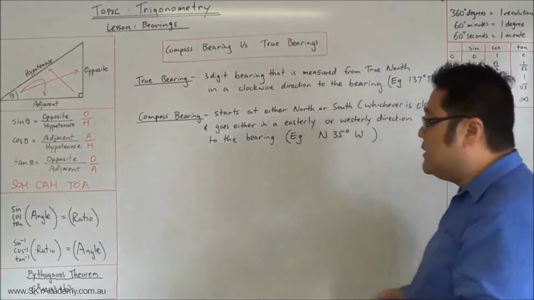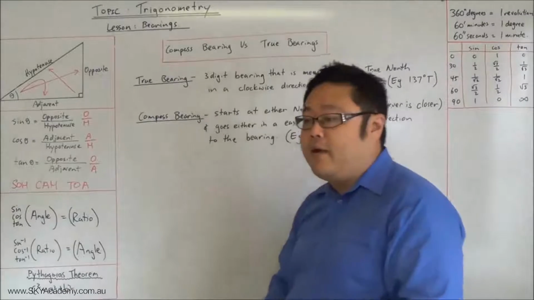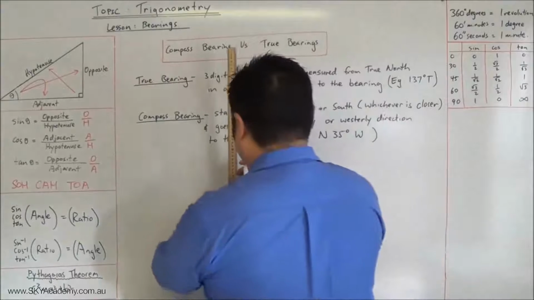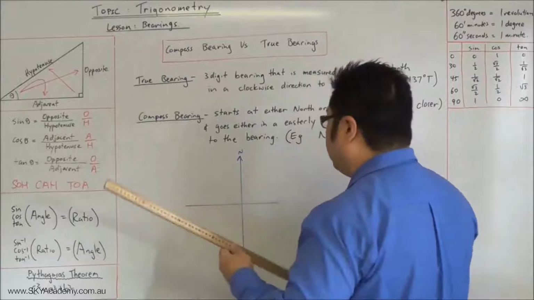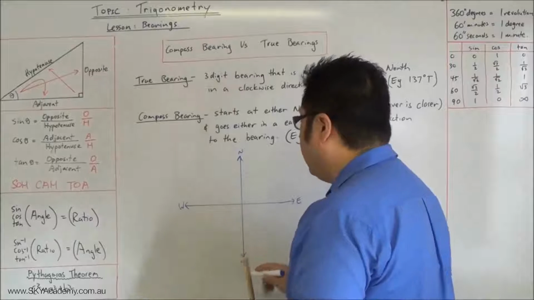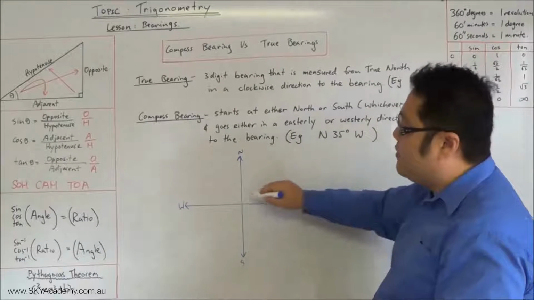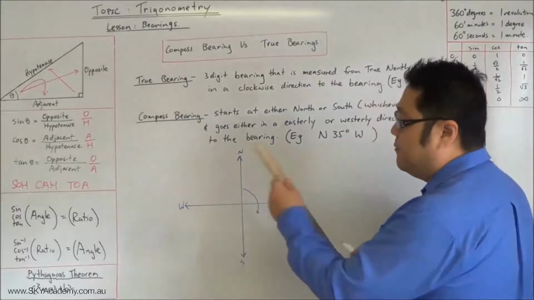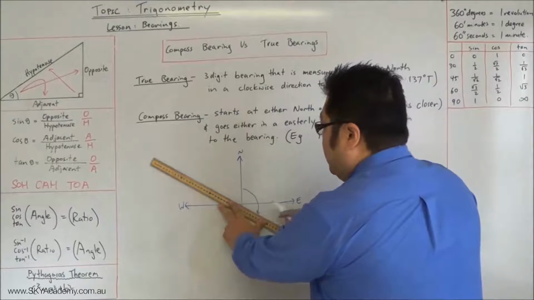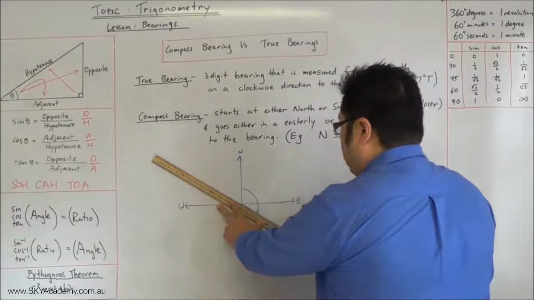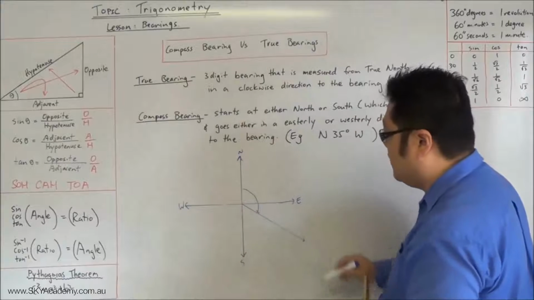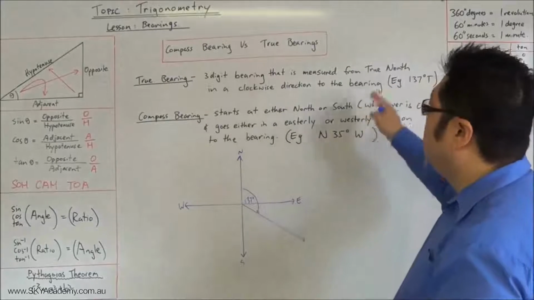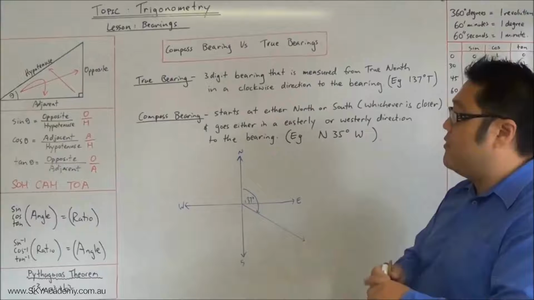That would be a bearing that starts at north, is measured from where you currently are, and goes 137 degrees in the direction of your bearing. That would be your true bearing of 137 degrees.